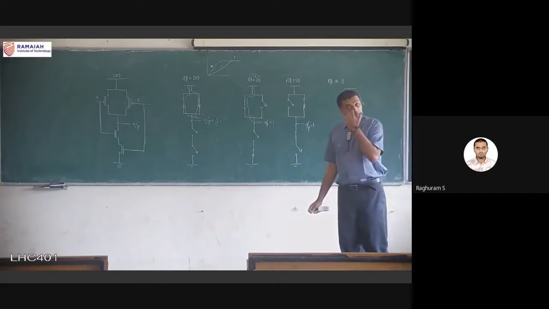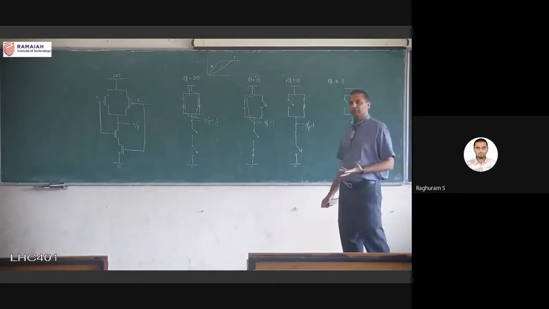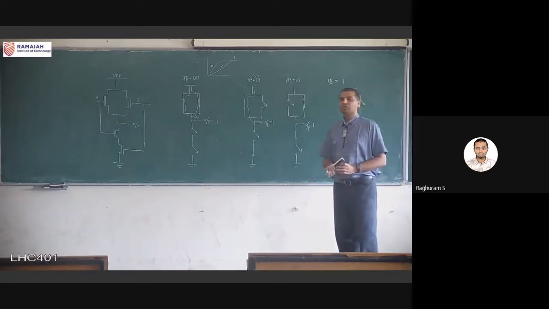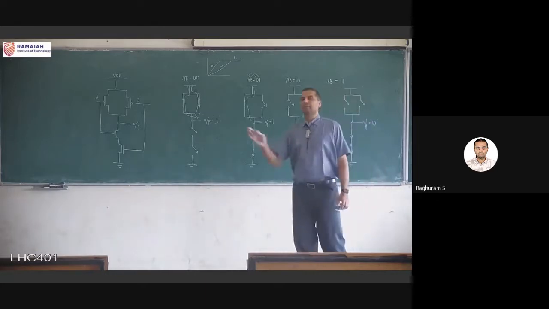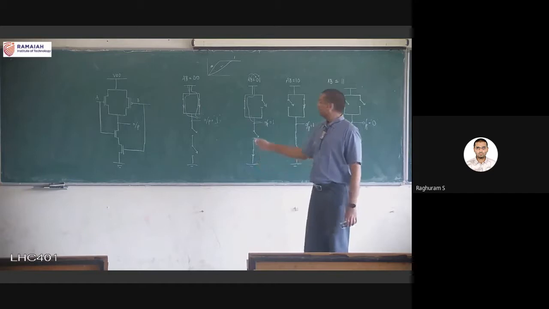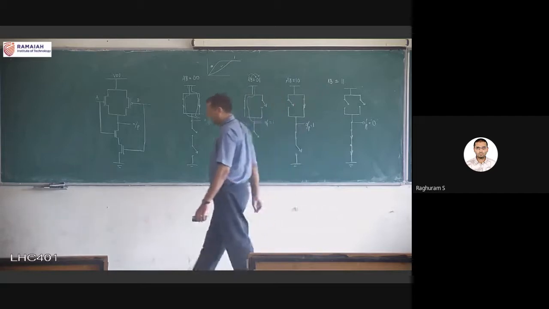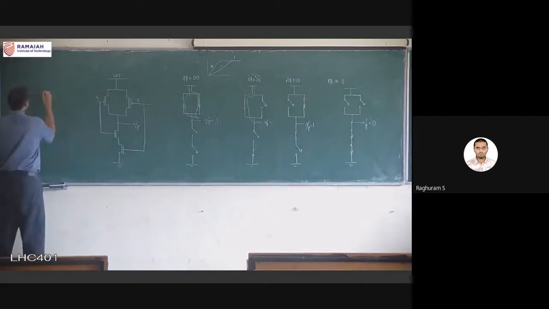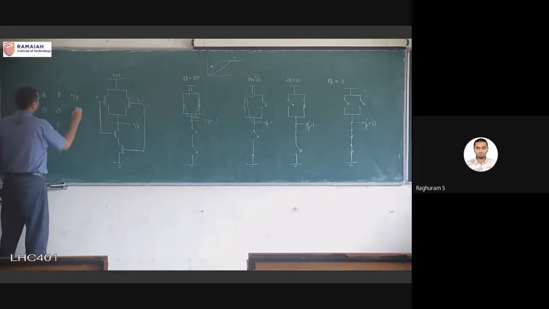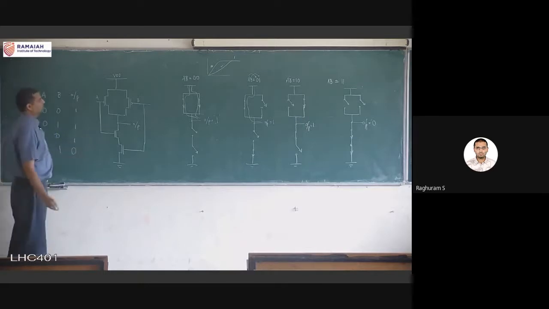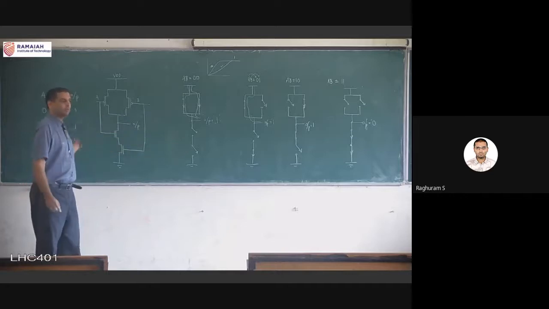Okay, so this is the way to analyze any circuit. Based on the input combinations, draw the equivalent circuit, and once you draw the equivalent circuit, you can evaluate all the possible options. So once you have evaluated all the possible options, then you can go from equivalent circuit to truth table.